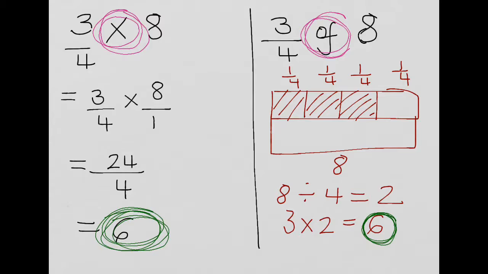Or, to use another word, the product of 3/4 and 8, because product is multiply. So I could say this is the product of 3/4 and 8. So multiply, of, product, they all mean the same thing.